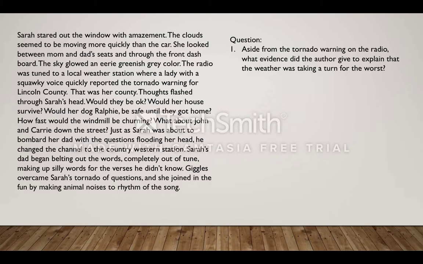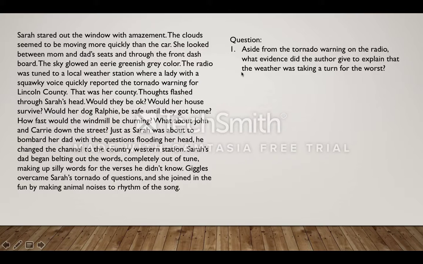To go along with the RAFT format, I provide numerous resources to my children at school, with the passage on the left and the questions on the right. So here's the passage on the left of the character Sarah, and here's the question that is being asked to the student.